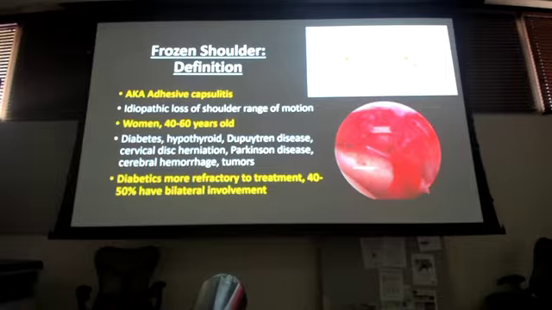It's idiopathic. If you say to your patient, sir, ma'am, you have an idiopathic loss of your shoulder range of motion, do you think they're going to have any idea what that means? No. But if you describe it like I just described it, A, you remember it, and B, they might actually understand it. So what motions are they going to have decreased? Generally, you can think of it as activity away from their body, but very commonly it's going to be external rotation.